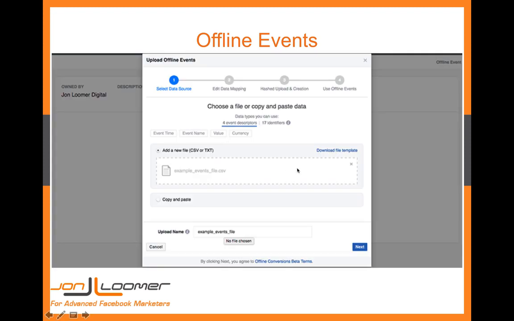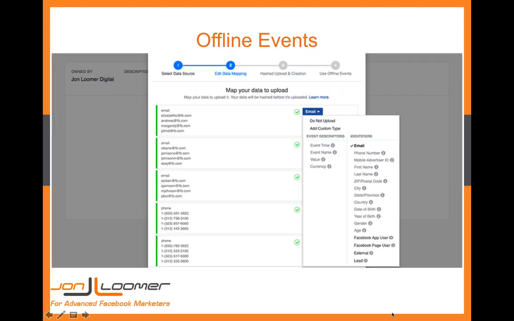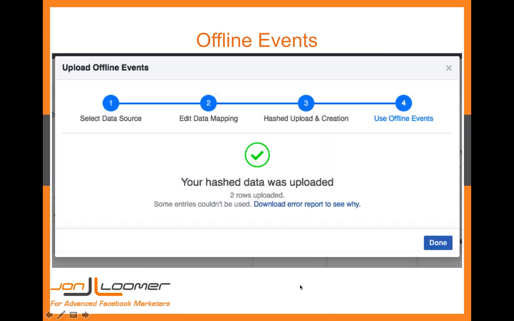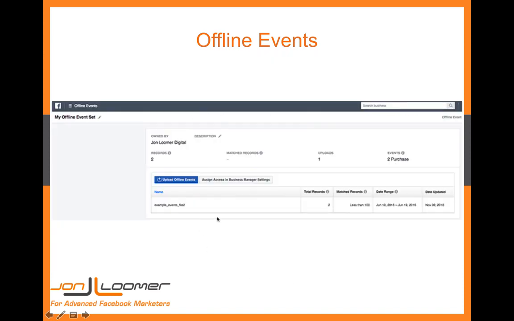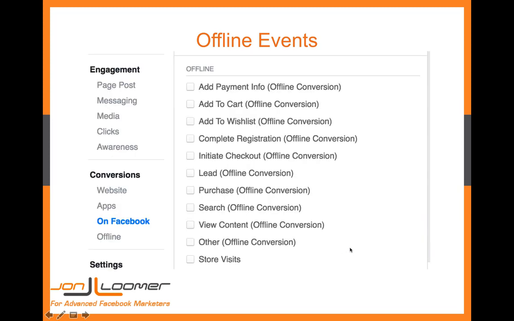So you upload that file, and then just like with the data custom audiences, you have to map out the data so you can tell Facebook, okay, this column is for email addresses, this column is for phone numbers, etc. And then you're complete, all done. And now you've got these events added to your event set, and you know how many records are in it, how many matched records, etc.